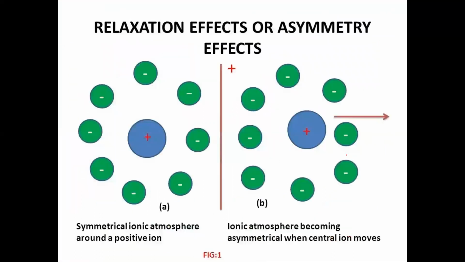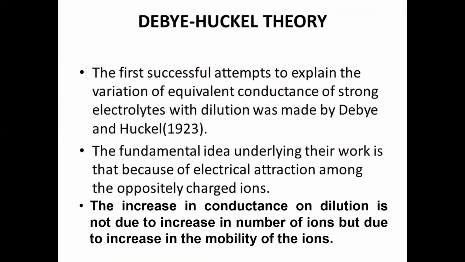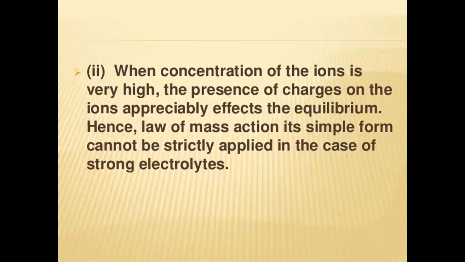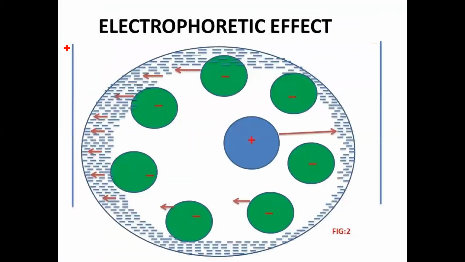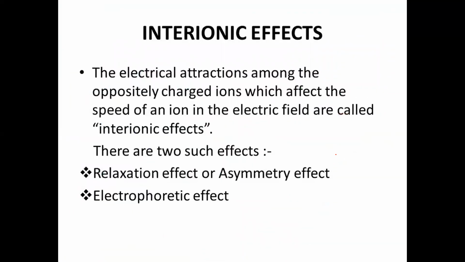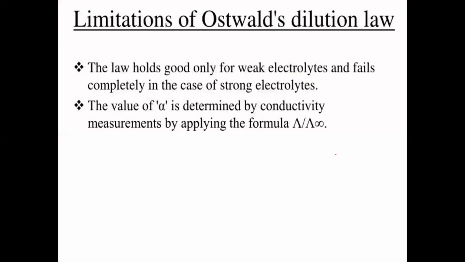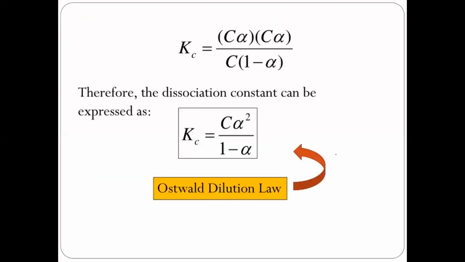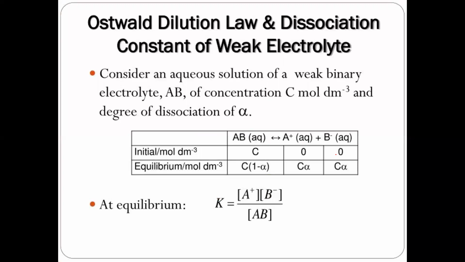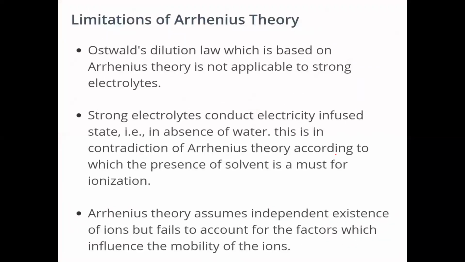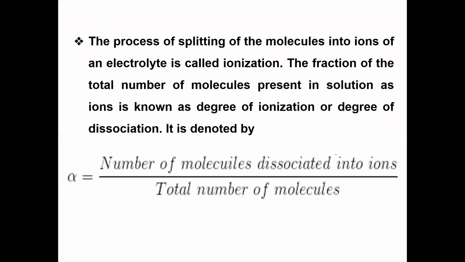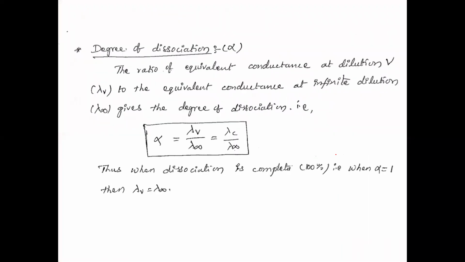And the Debye-Huckel-Onsager equation and Debye-Huckel theory, one of the important theories. Two effects are present: relaxation and electrophoretic effect. This is the important one. And Ostwald dilution theory and its limitations. That is the important one. Arrhenius theory and its applications, its limitations. That is important.